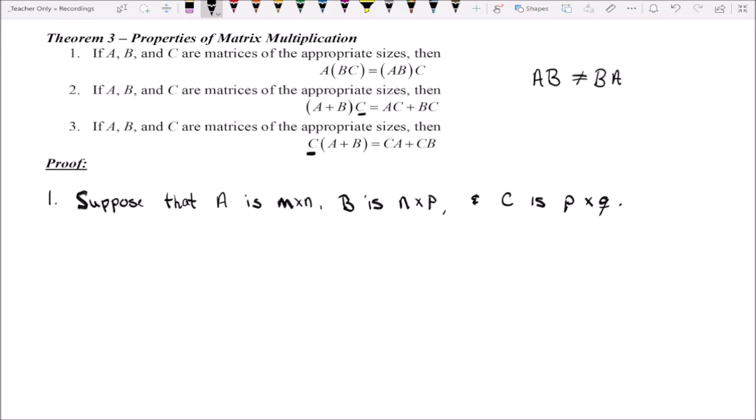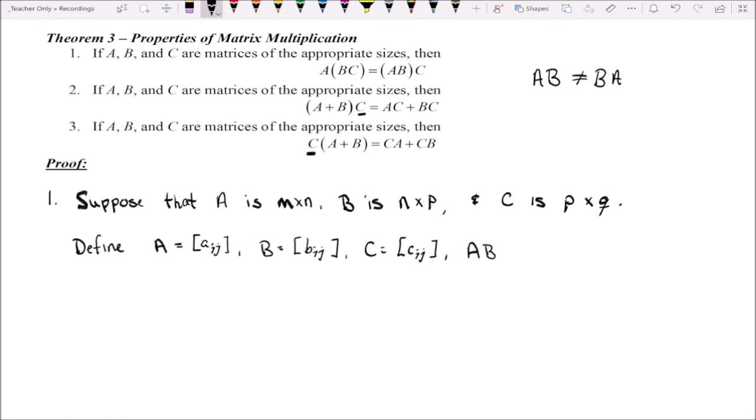Now what we're going to do is define the matrix A as Aij, B as Bij, C as Cij.